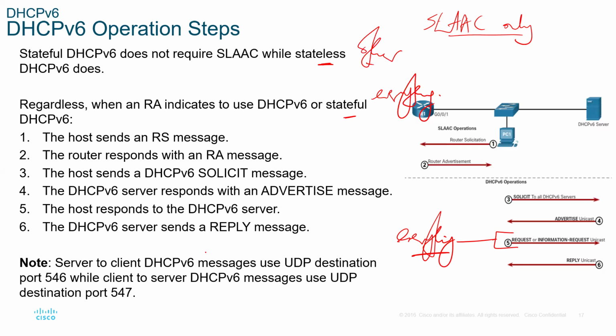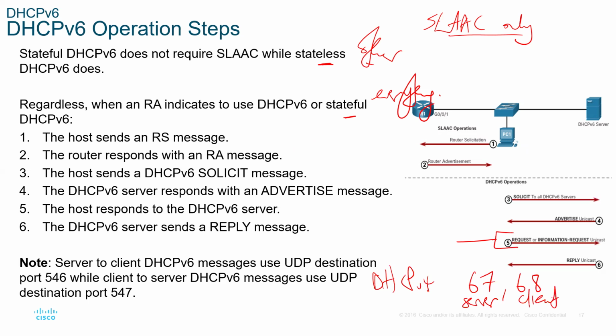It uses 67 and 68, with 67 being, I think, the server port, and 68 the client port. That's how communication occurs with DHCP version 4.